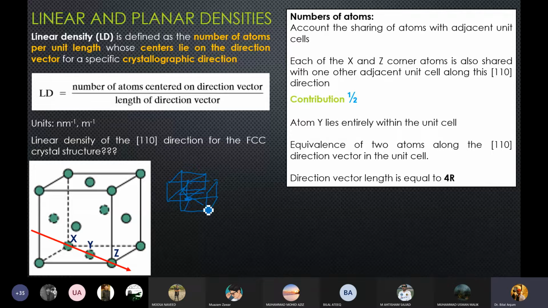So if you have this direction, this atom is shared by this unit cell and this unit cell along the same direction. Clear?